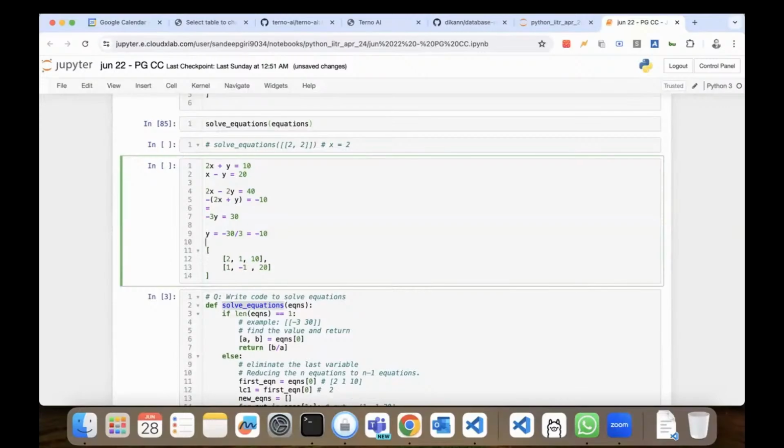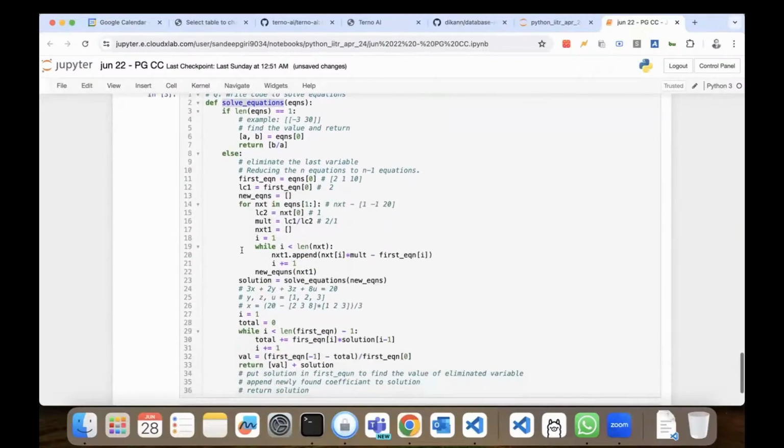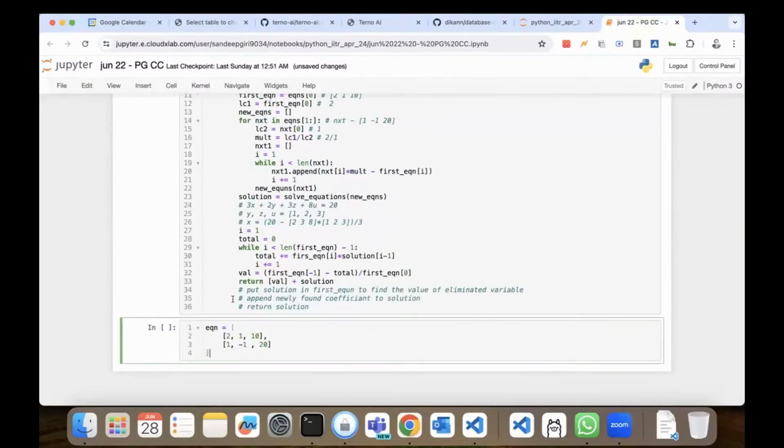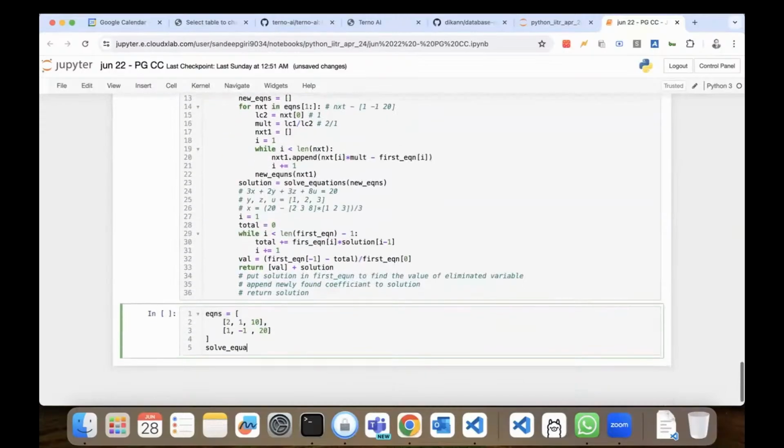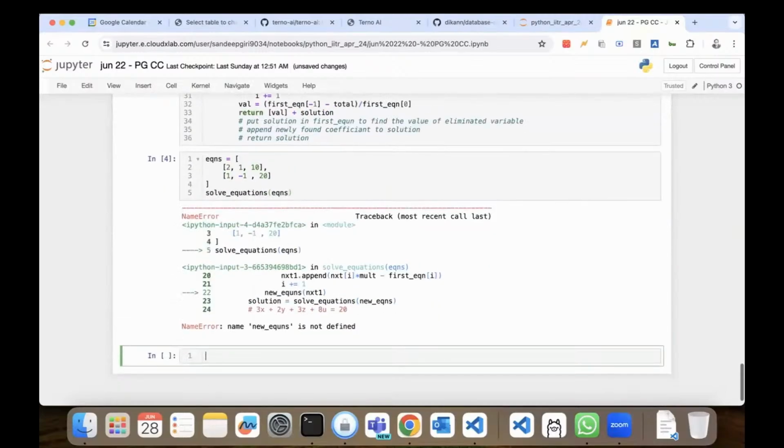So this is my equations. And I'm saying solve underscore equations. And let's see what happens.